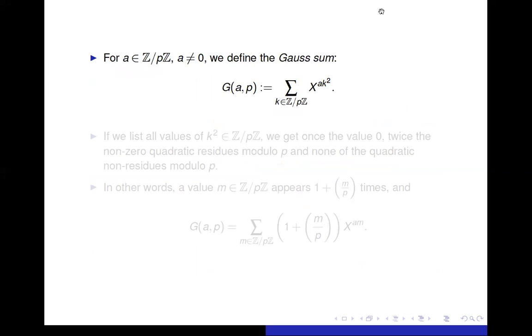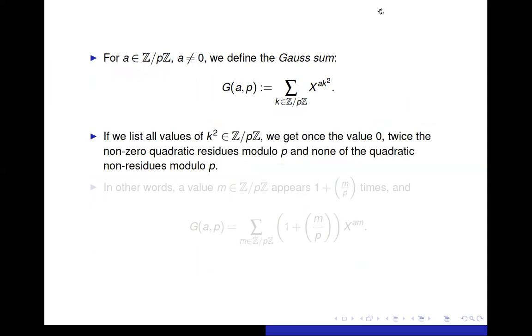So I start by considering the Gauss sum. This depends on a and p. So it's the sum of x^(ak^2). So what can I say about this Gauss sum? First, I can look at the values of k^2.